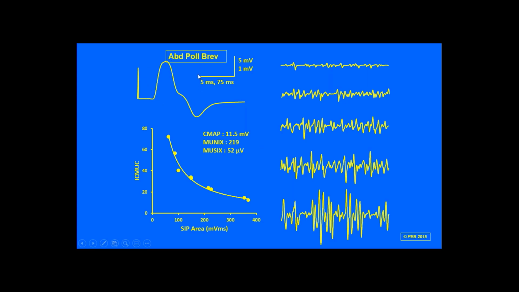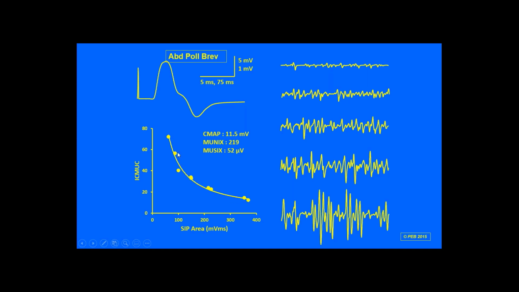Here's our CMAP in a normal APB, and it's good amplitude. And then what we do is we measure the voluntary surface EMG activity using the same electrodes we use to record the CMAP.